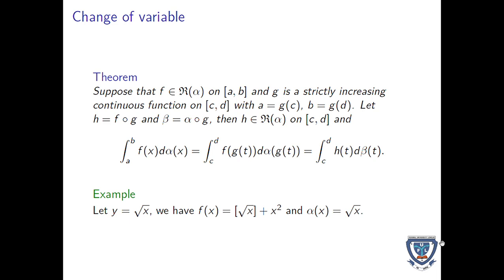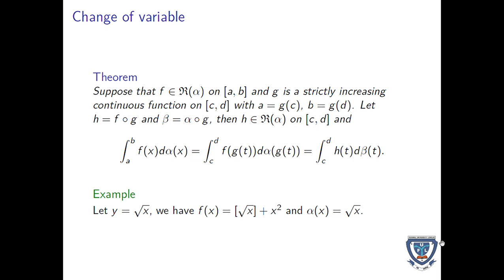So we can use change of variable written this way, that the integral from a to b of f(x) d alpha(x) is equal to the integral from c to d of f(g(t)) d alpha(g(t)).